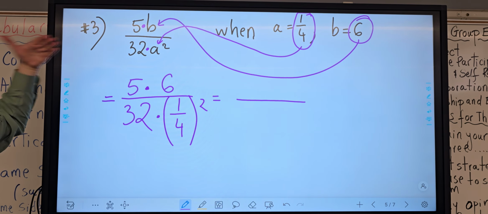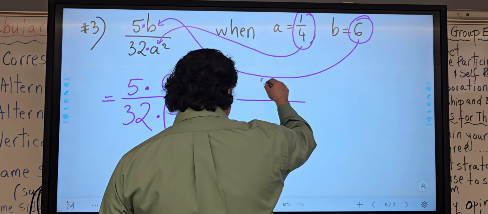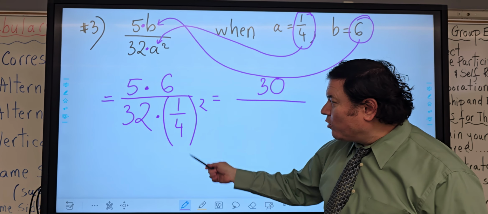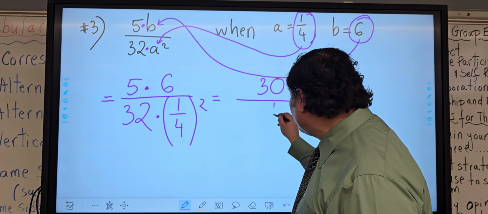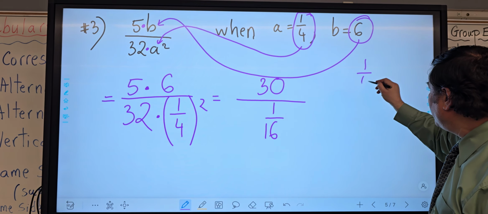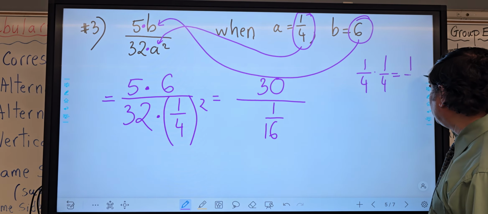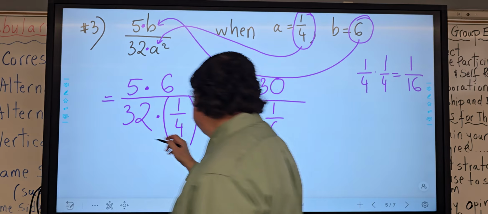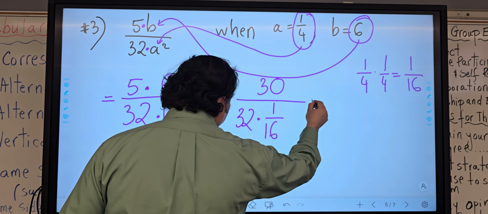First, let's take care of the numerator. 5 times 6 is 30. On the bottom, we already solved 1 over 4 squared in the previous example, and that becomes 1 over 16: 1 over 4 times 1 over 4 equals 1 over 16. Let's keep the 32 in front: 32 times 1 over 16.